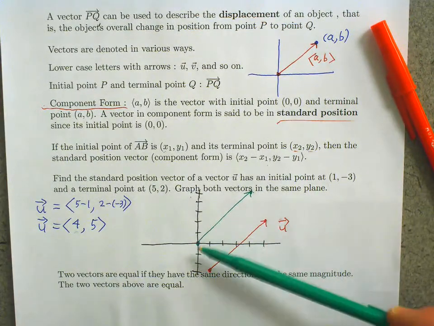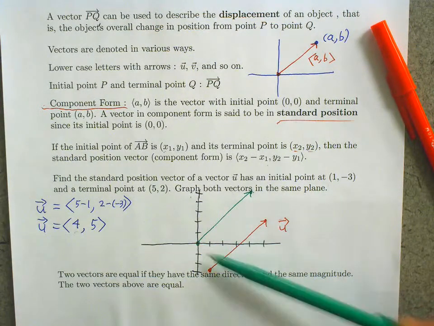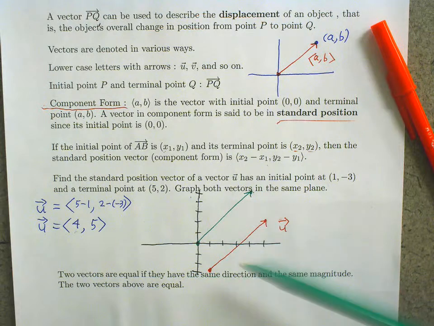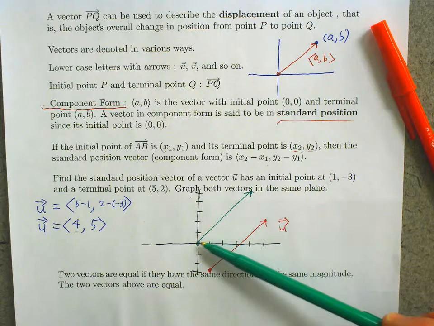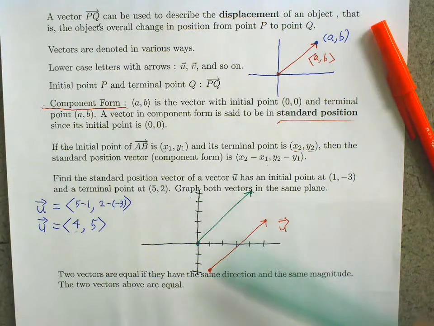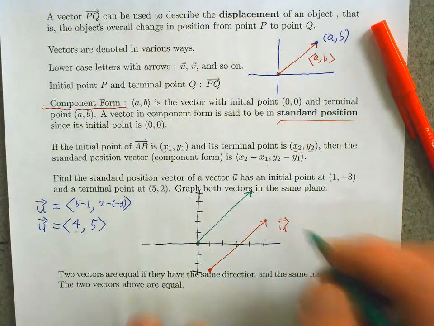So we note that the two vectors are equal, even though they're in different positions, because they have the same length and the same direction.